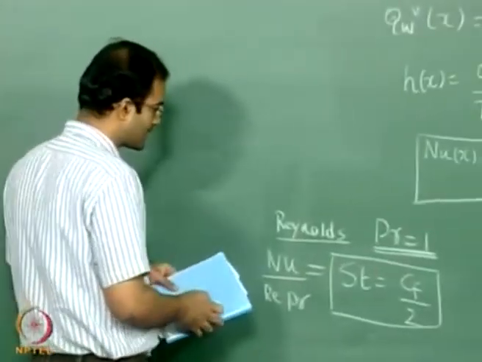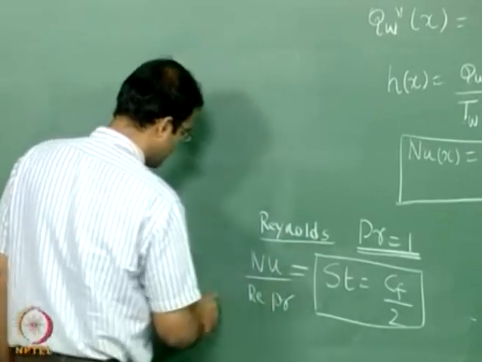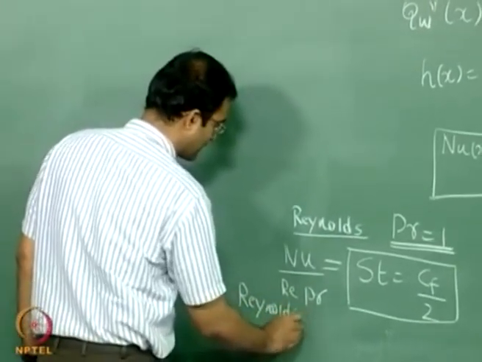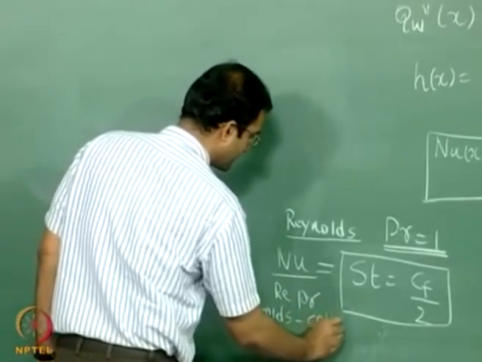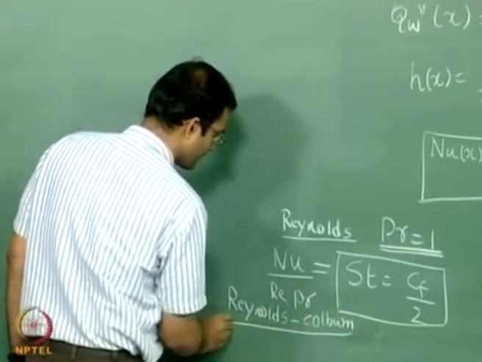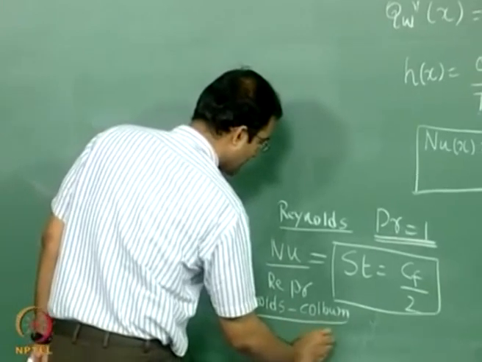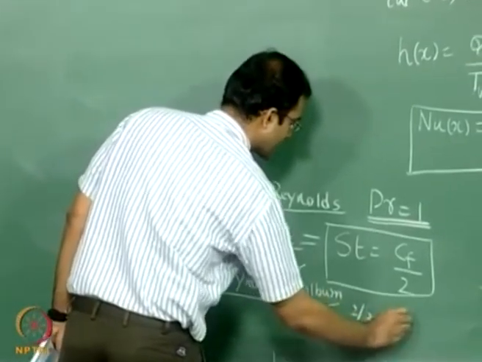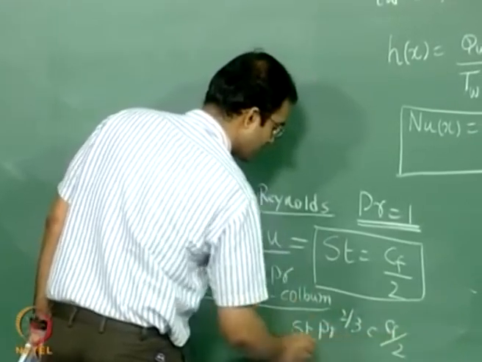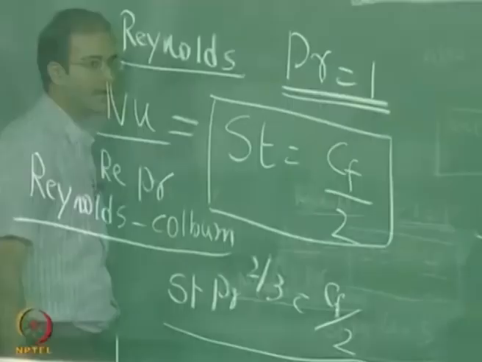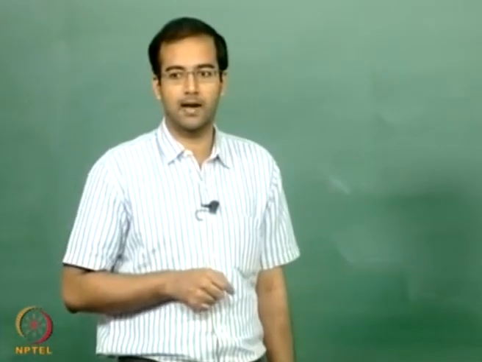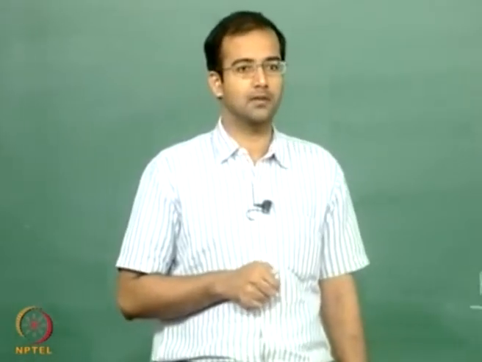That is called the Reynolds-Colburn analogy because it is an extension of the Reynolds analogy for Prandtl number 1. According to that, your Stanton number into Pr power 2 by 3 is exactly equal to Cf by 2. So wherever your Prandtl number is not equal to 1, you can still use the Reynolds-Colburn analogy to calculate the Nusselt number from the skin friction coefficient.